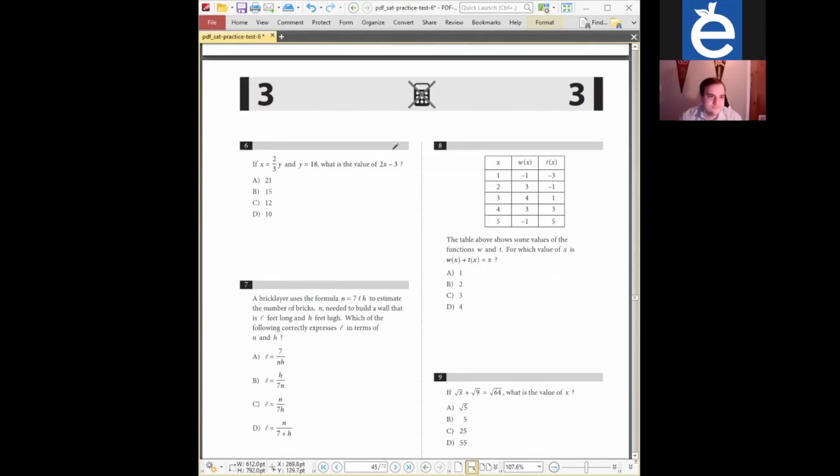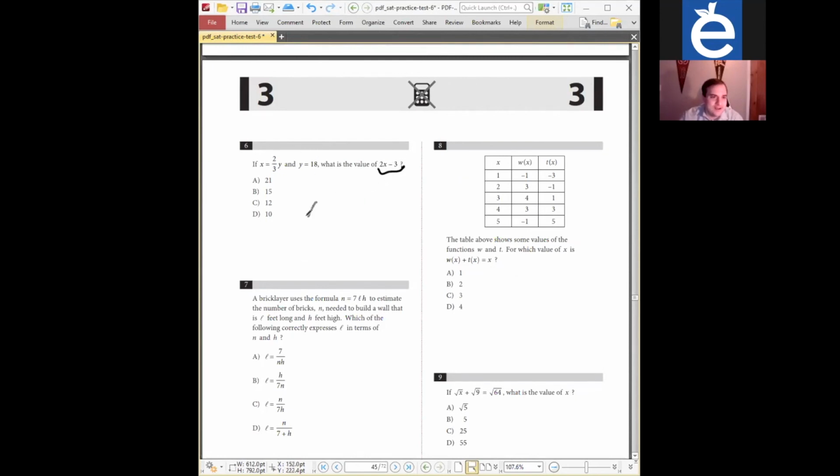All right, so this is giving us two values. So if x is 2/3 y and y is equal to 18, what is the value of 2x minus 3? So one, we just have to solve this pretty straightforward. This is technically a system. We have to solve this pretty straightforward system. And then we have to remember more work is coming, right?